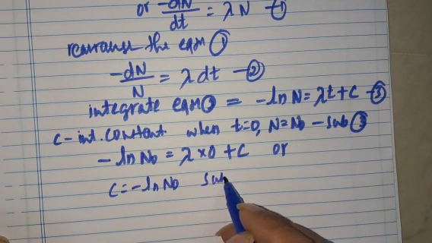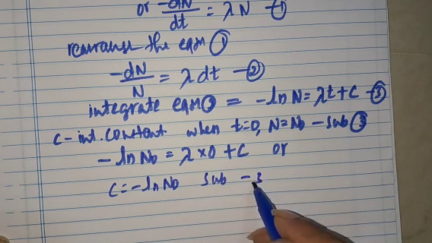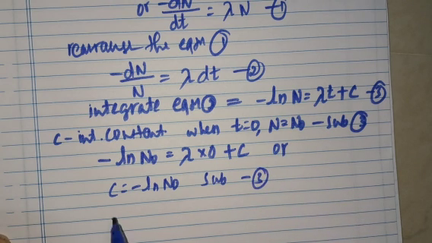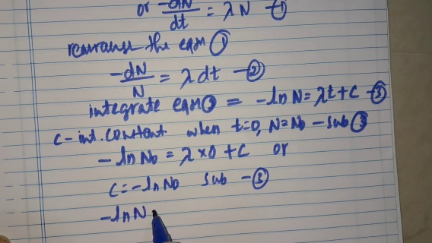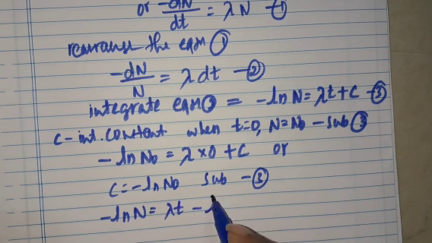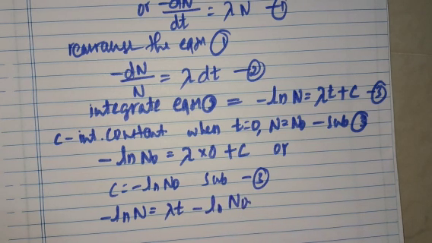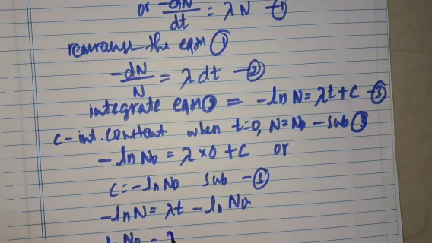Substitute this in equation 3 again. You will get -ln N = λt - ln N0, or ln(N0/N) = λt.